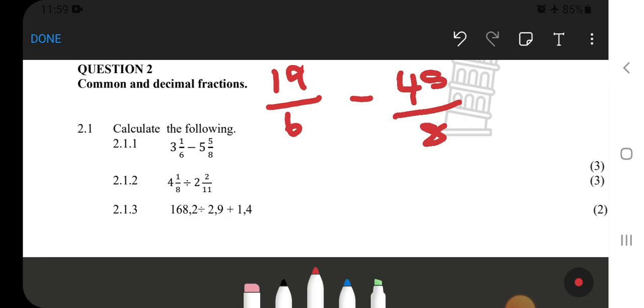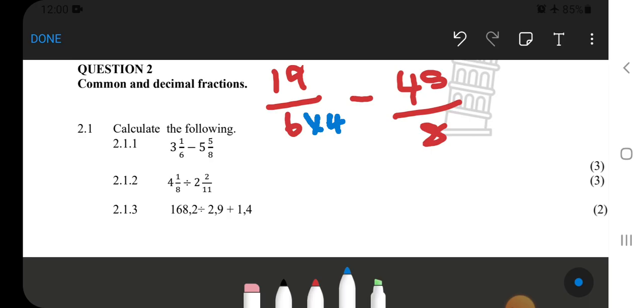Because we are subtracting, and when you subtract or add fractions you need a common denominator, so we need a common denominator. In order to get one, let's try to multiply 6 by 4, not 2 by 4.